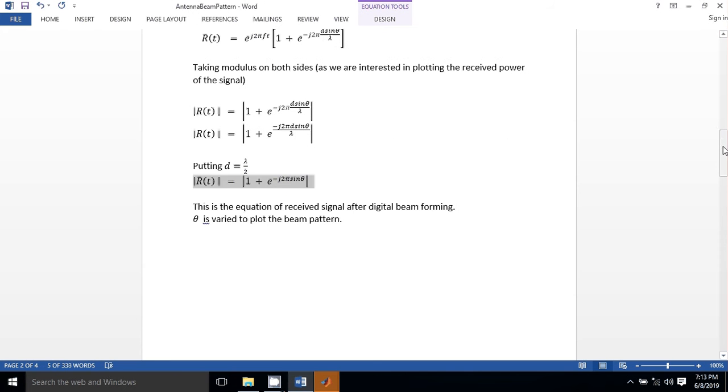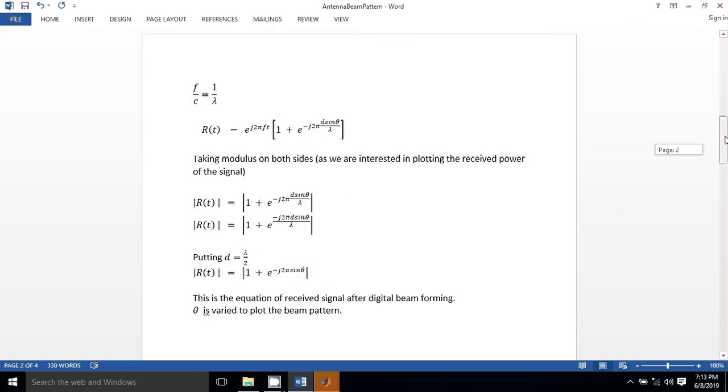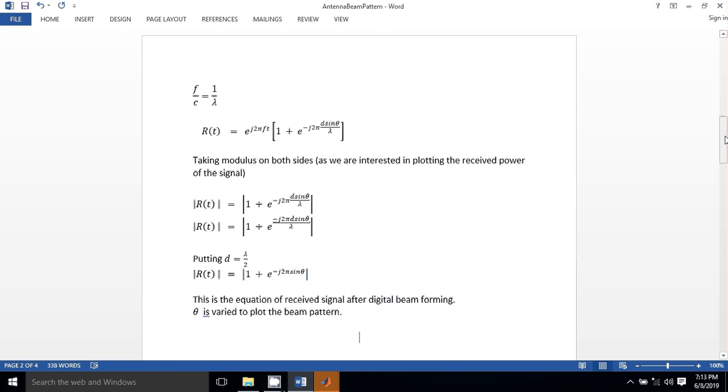Theta, as told, is varied to plot the beam pattern. In this case, I have simulated this signal in MATLAB, so we can plot this beam pattern in MATLAB instead of doing all those manual calculations.